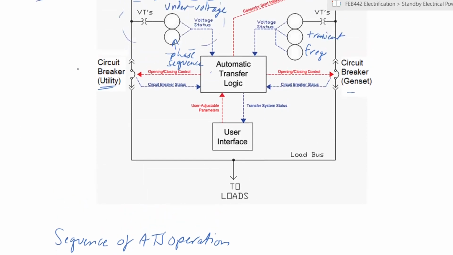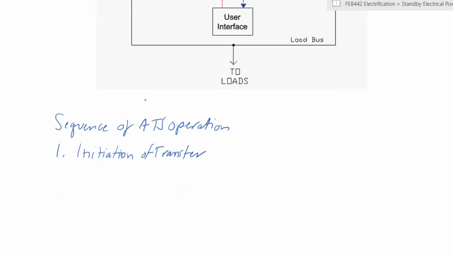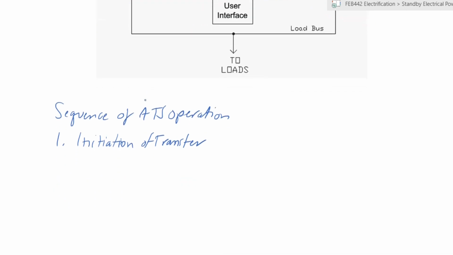So in the first step, it senses that there's a problem with the main supply, and it disconnects the circuit breaker, or it opens the circuit breaker after a suitable time delay, of course, to ensure that there are no transients. It is a permanent problem with the system. So that's initiation of transfer. The second step is dead bus.